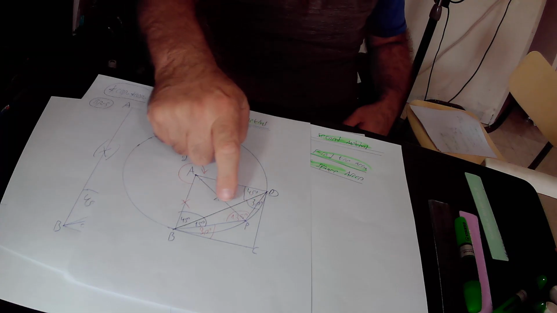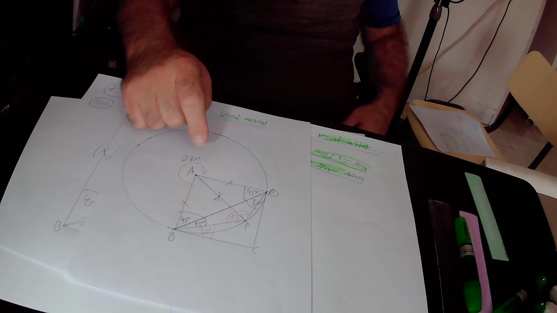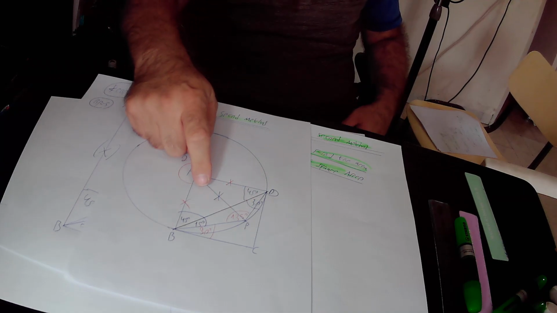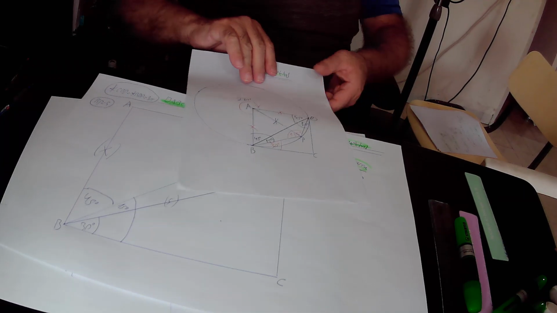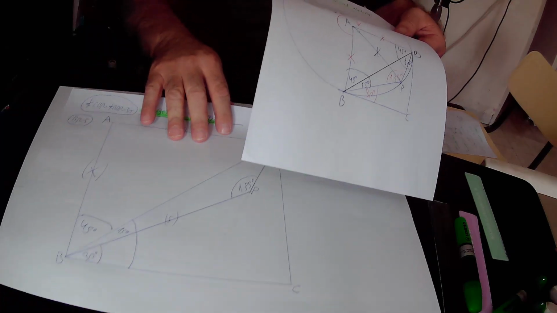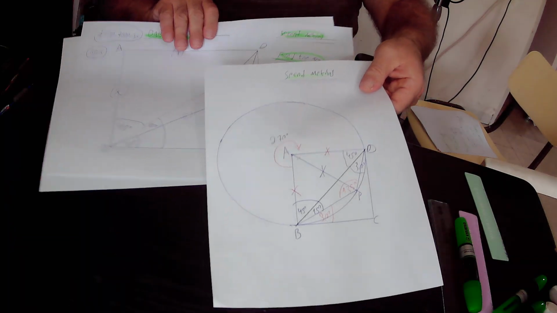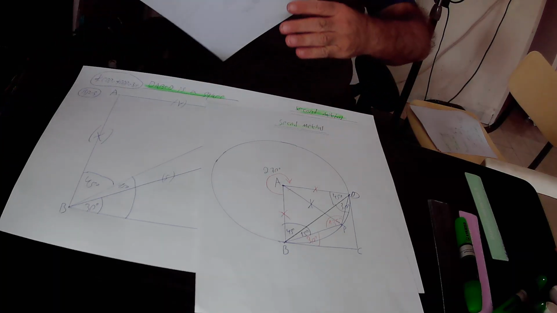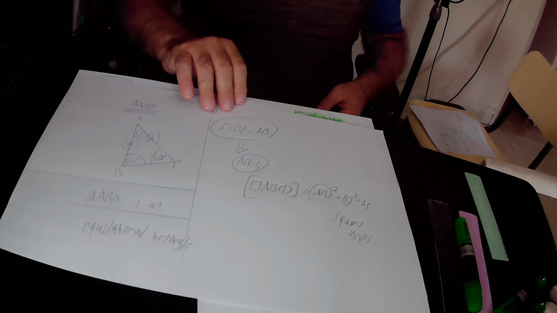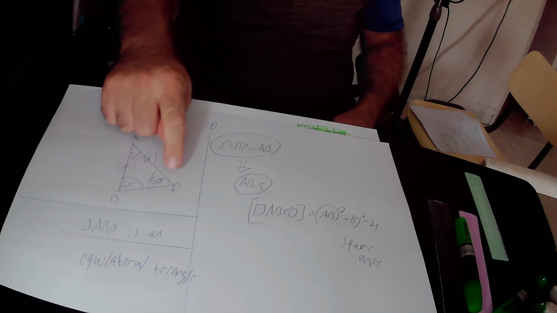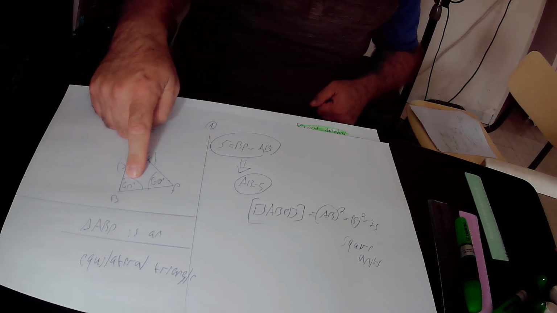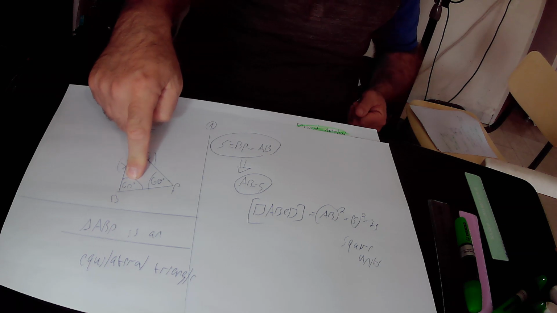So angle ABP equals 60 degrees in size. In the next step, I copied triangle ABP onto a new page and analyzed it. This is triangle ABP that I copied from the original drawing. We already found out that angle ABP is equal to 60 degrees in size.